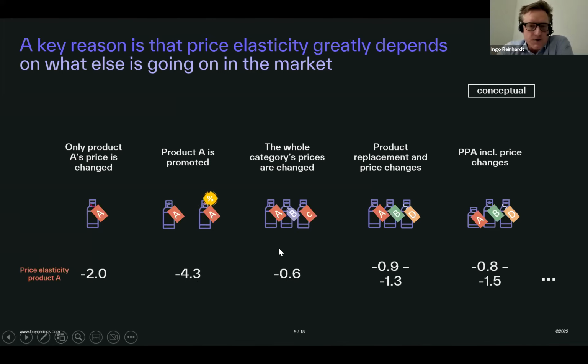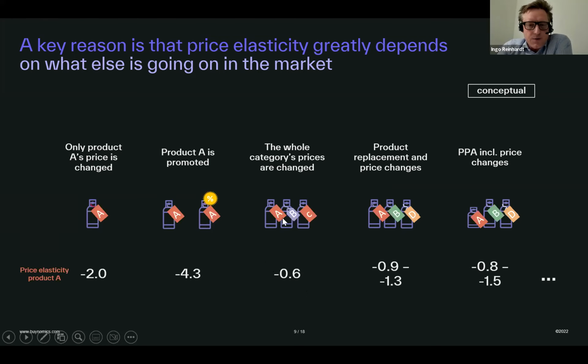But other effects are also relevant. So if we don't just change the price of a single product, but of the whole category or our whole portfolio, we see that elasticities are typically much lower. Let's say we're looking at product A in this case.